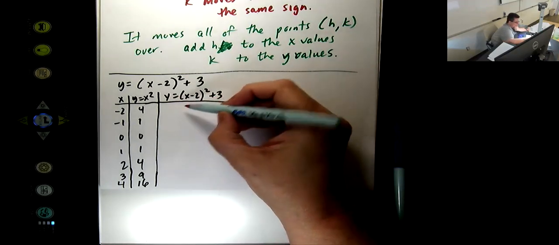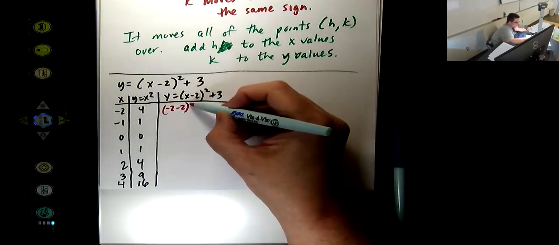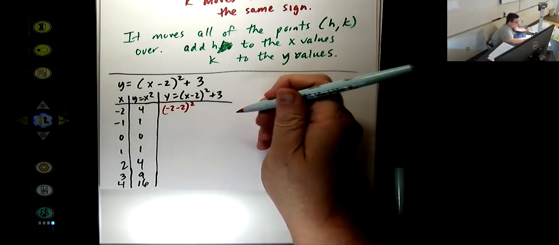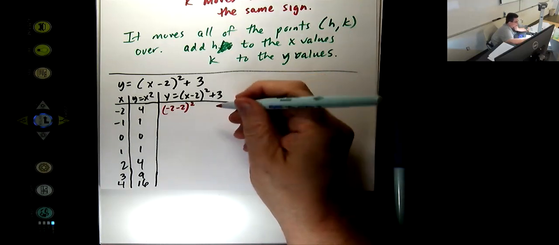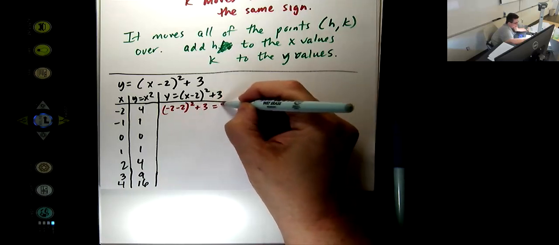If I stick in -2, I've got -2 minus 2 squared. -2 minus 2 is -4. We square -4, we get 16. And then we add 3, we get 19.